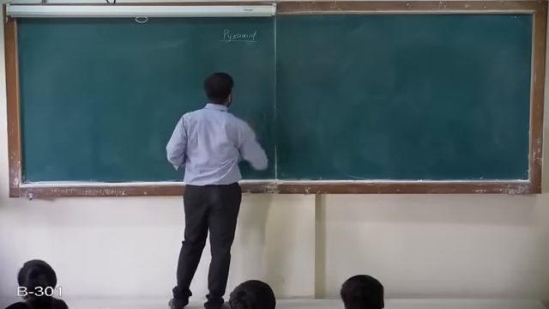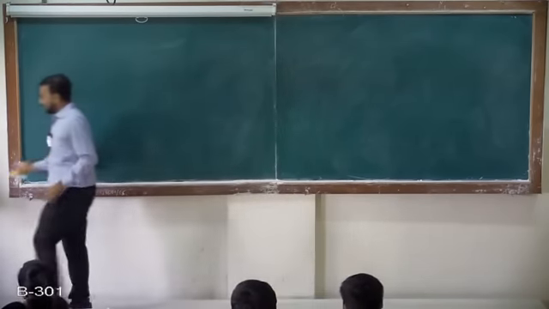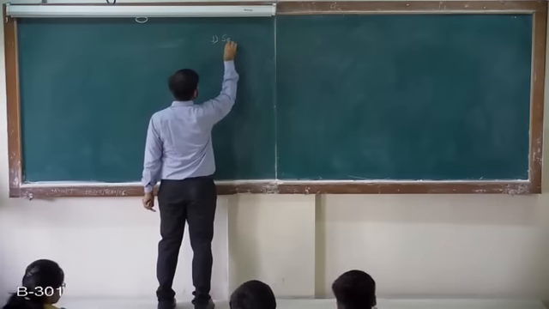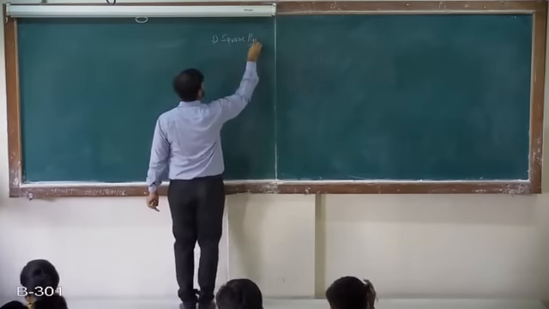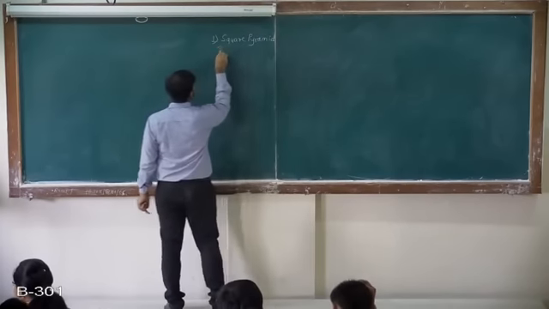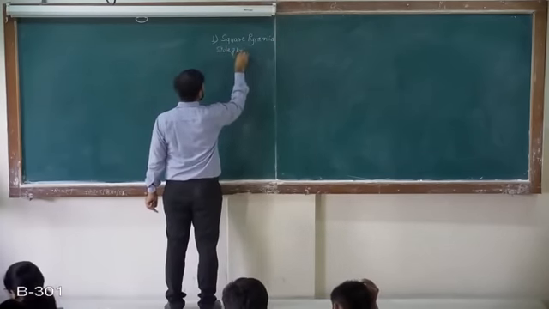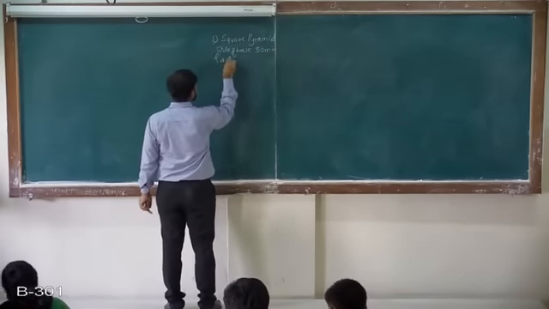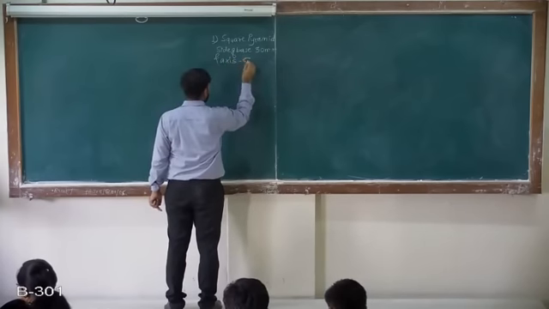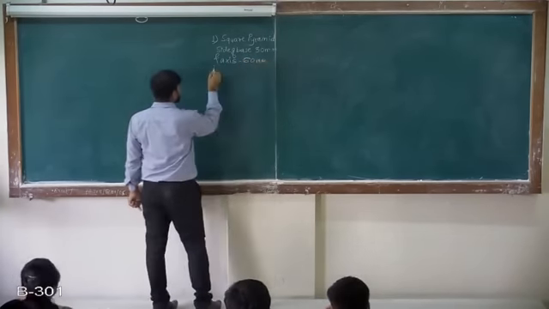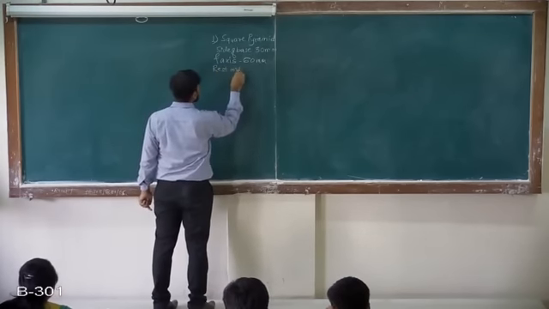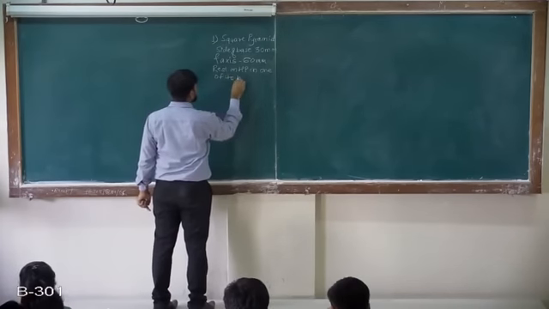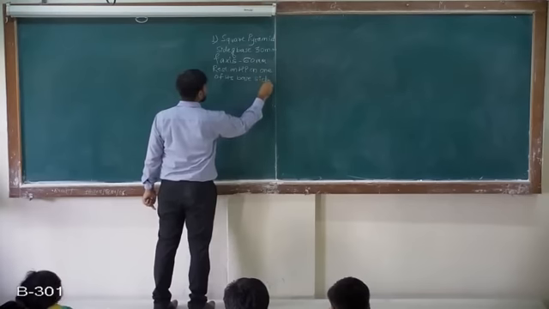The question is: a square pyramid, side of base 30 mm and axis length 60 mm, resting on HP on one of its base sides.